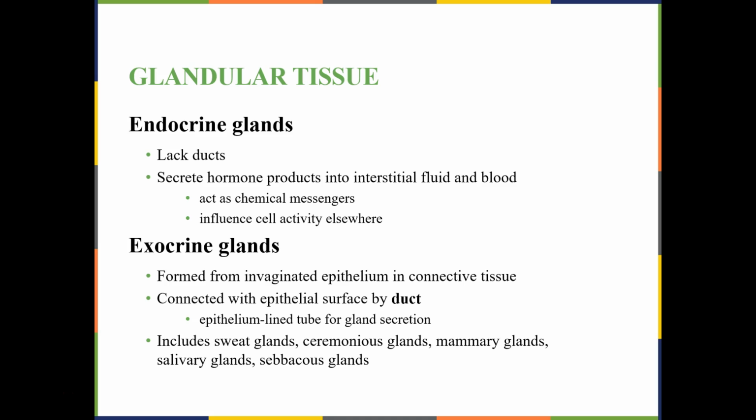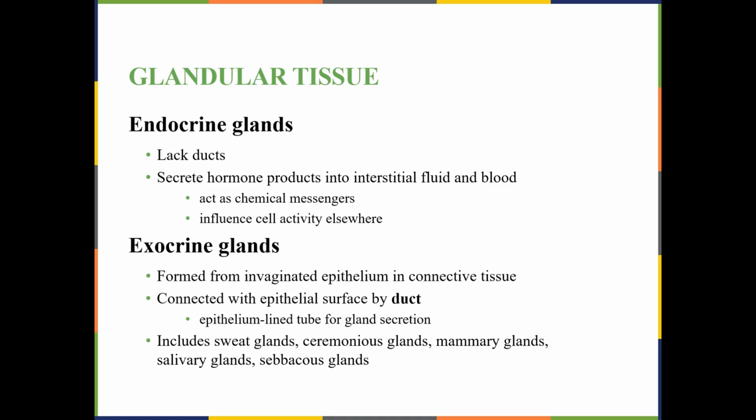Exocrine glands, though, are glands that secrete to a duct. We talk about them this semester because they are one of the common structures associated with our integumentary system. So we have sweat glands, ceruminous glands, mammary glands, sebaceous glands, and salivary glands.